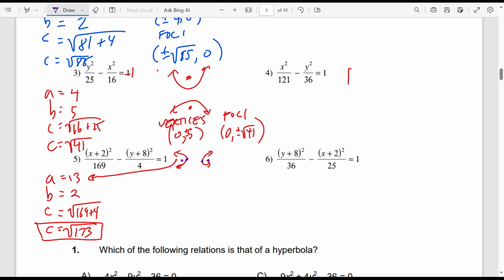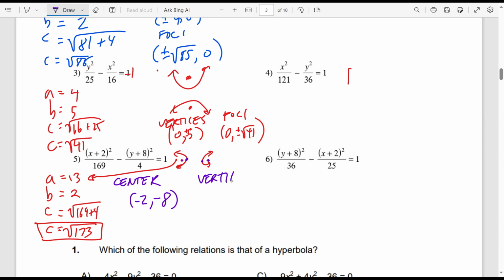Okay? So let's start with the vertices. The vertices are going to be different in this case because let's actually start by writing out where is my center for this guy? -2, -8. Okay.